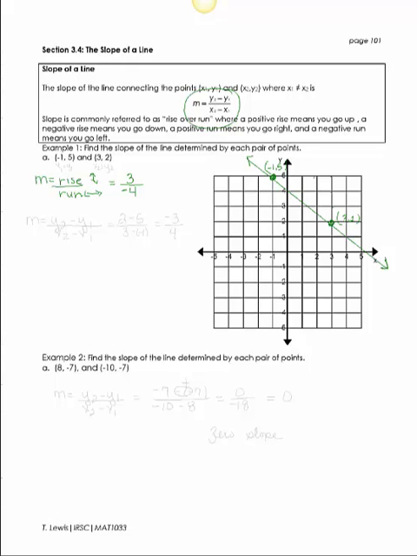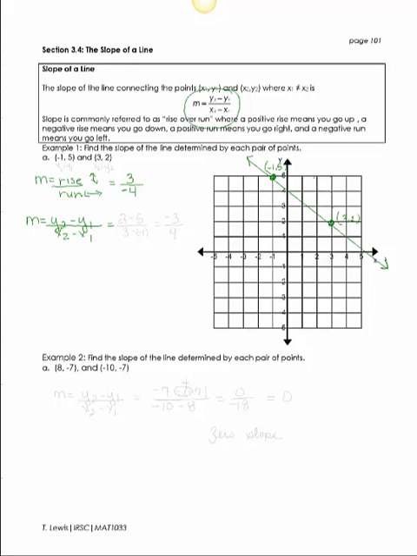Now, we've drawn those 2 points, connected the dots, and found the slope that way. And then we can also use the slope of the line formula. m is equal to y₂ minus y₁ all over x₂ minus x₁.